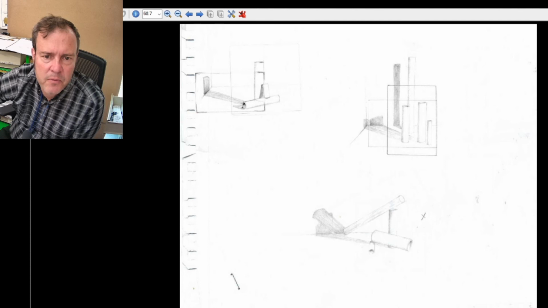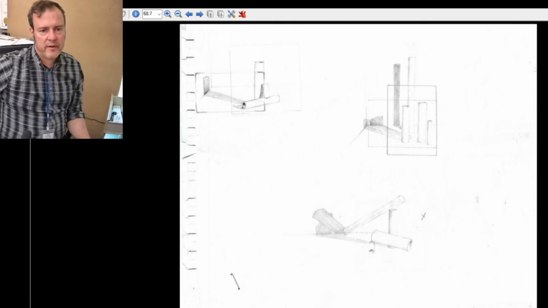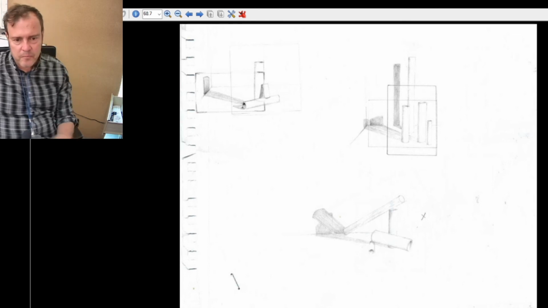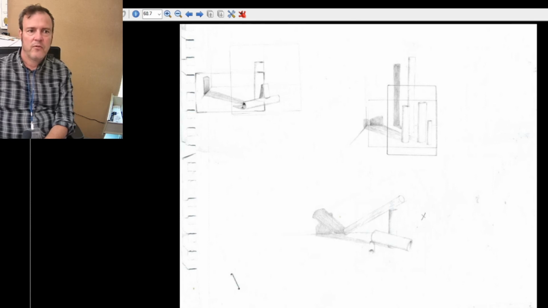She put a little X by that one. And in this, she's experimenting with a vertical framing and with a horizontal framing. Same over here. And that's a good idea. You should experiment with more than one way of cropping your designs. And you can do it all on the same page. You don't need to redraw everything by any means.